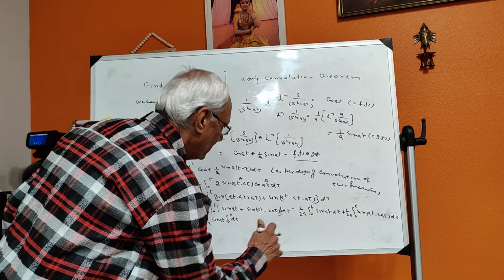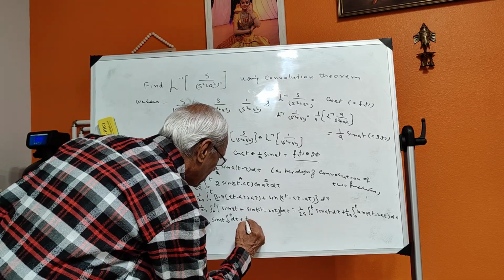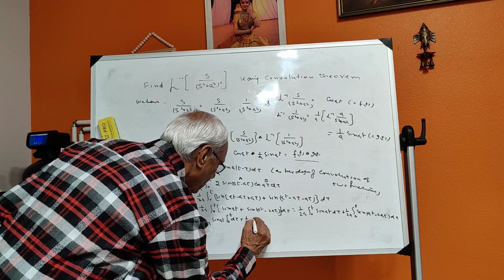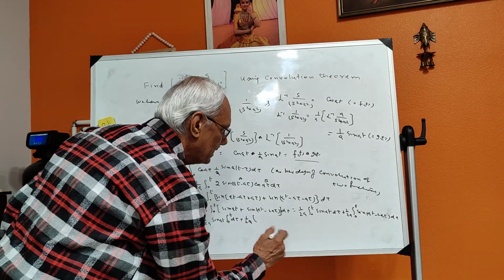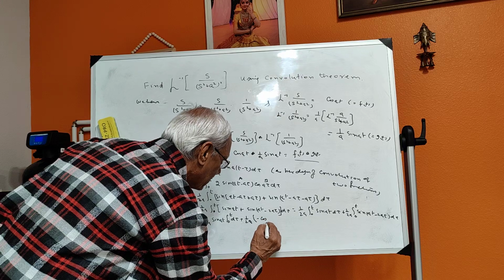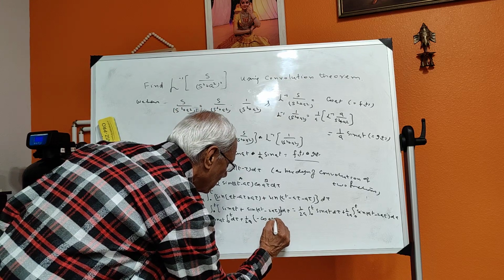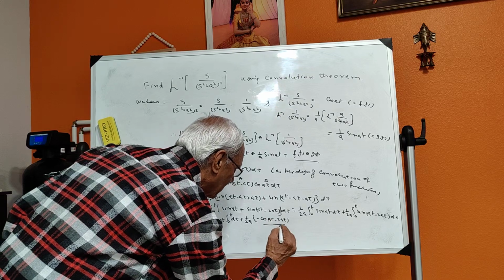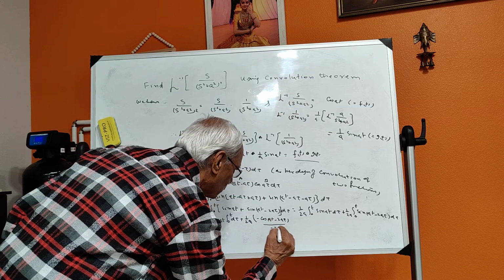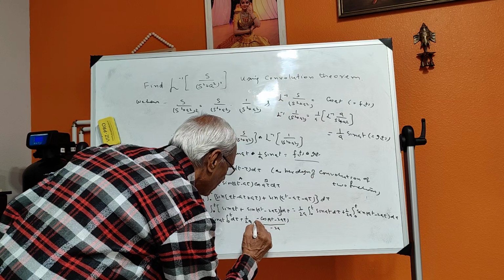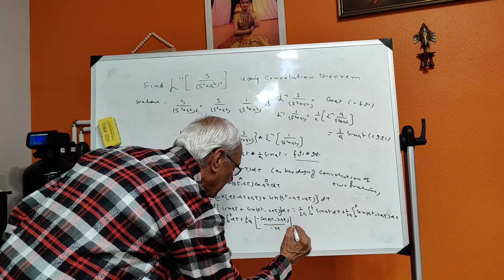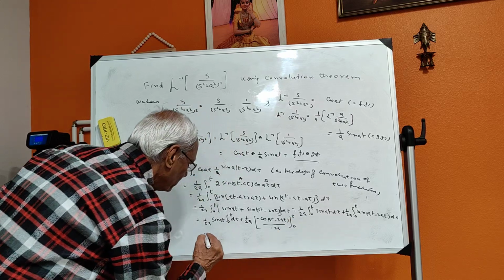And plus 1 by 2a, and if you integrate this, it is minus cos(at minus 2a tau) divided by minus 2a, from 0 to t.